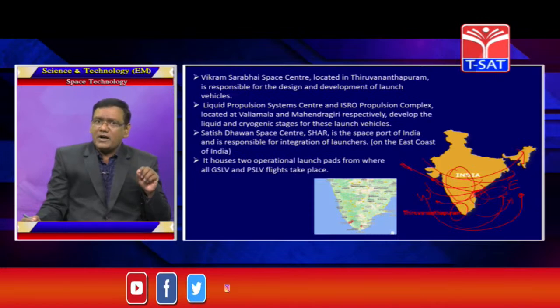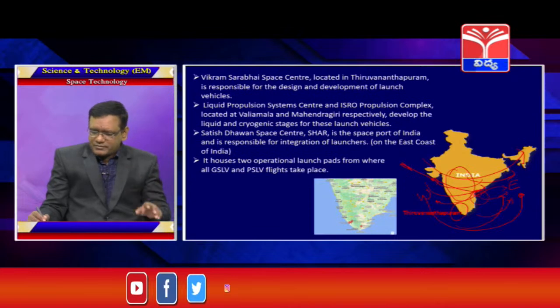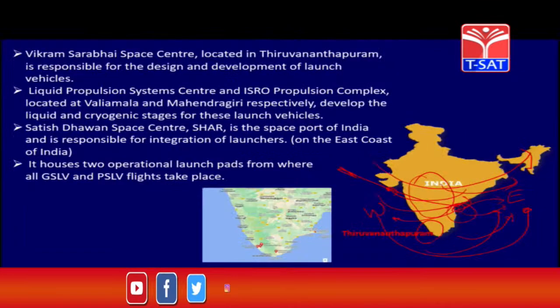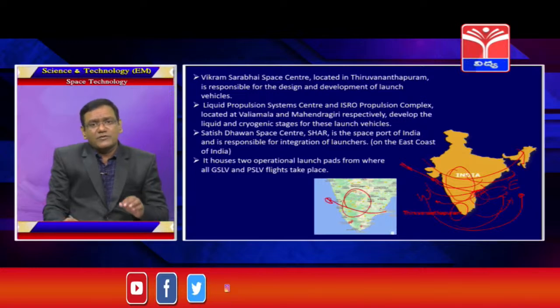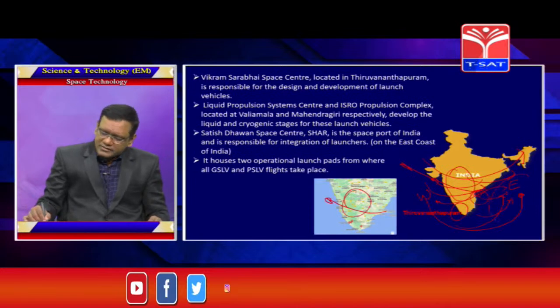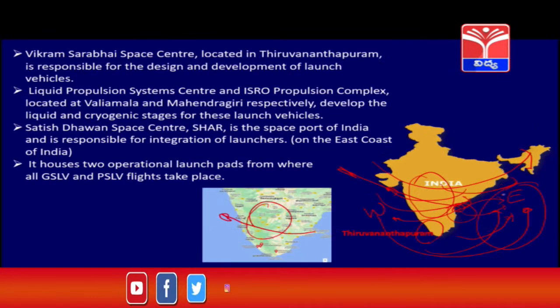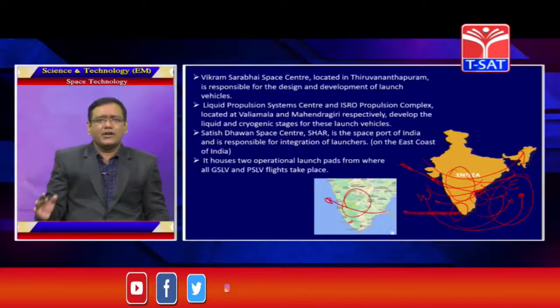Those detached parts will fall down. If the launch goes over land, they would fall on the earth itself, which is not what we expect. We want these parts to fall in the ocean itself. So in order to do that, we always have satellite launch sites on the east coast.